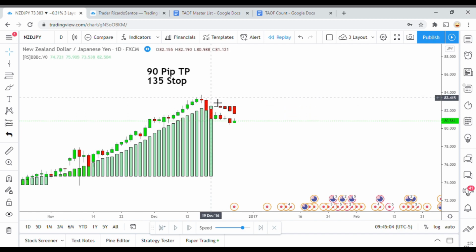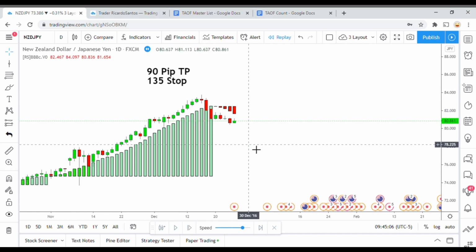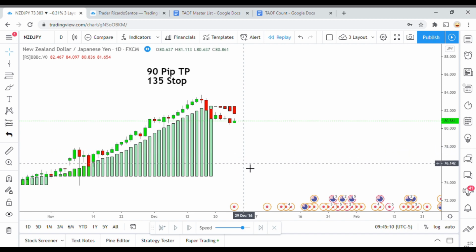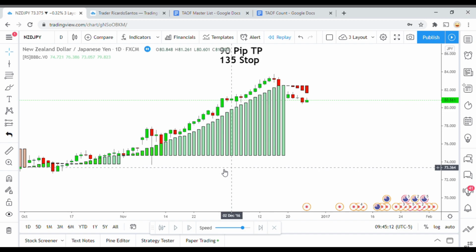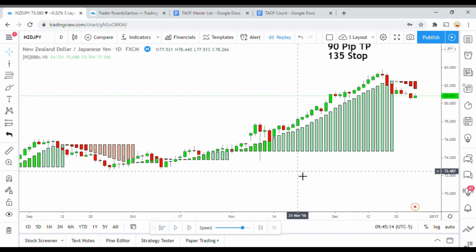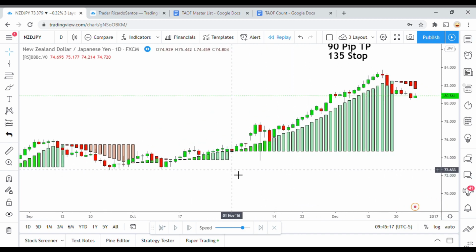And at that point, that is a cross and a signal to go short. And then on the reverse side, the same is true. Now, it doesn't always have to be, let's see here. Well, I guess right there in that instance.